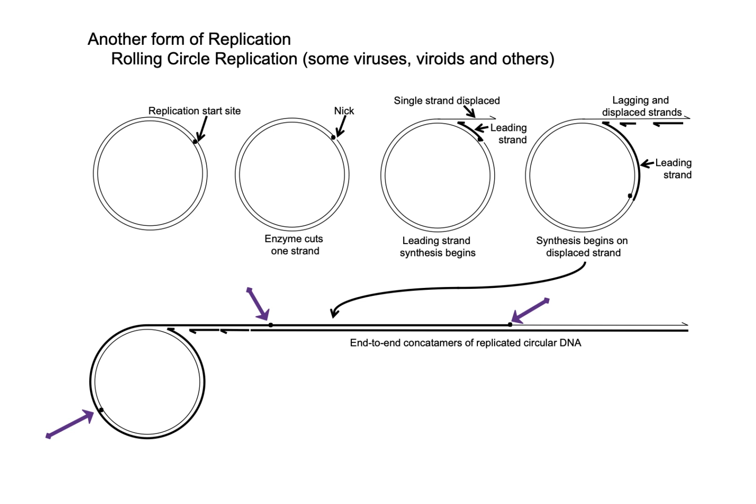If you look at the point where the nick occurred, then you have multiple end-to-end concatemers, that is, genomes' worth of DNA joined end to end to end. So it forms long, continuous pieces of DNA containing multiple versions of the genome of that organism, such as lambda.